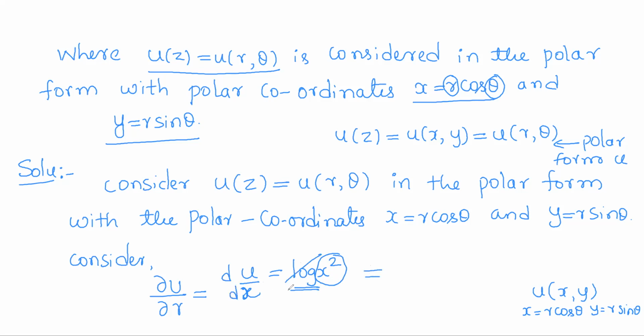So what is that chain rule? du by dx will be, first you have to differentiate log, then x square. Differentiation of log is 1 by x square and differentiation of x square is 2x, right? So if one is the function of the other, we'll use the chain rule concept. So here also the same thing.